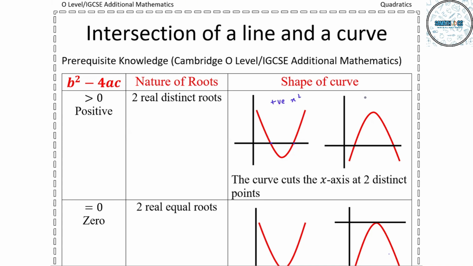Here, the coefficient of x squared is negative, so there is a maximum curve, and it intersects at two distinct points. One is here and another one is here.